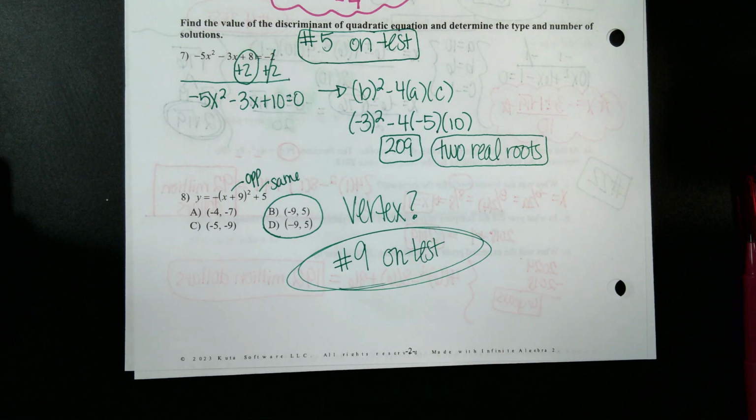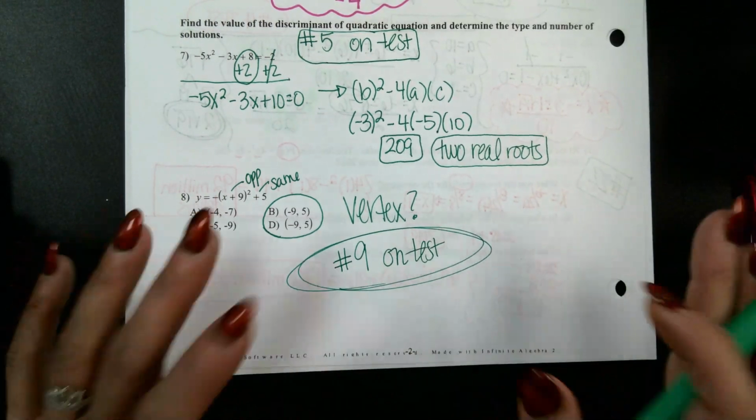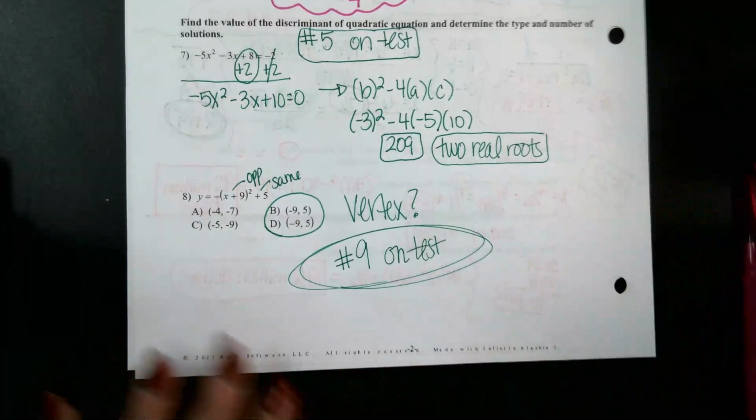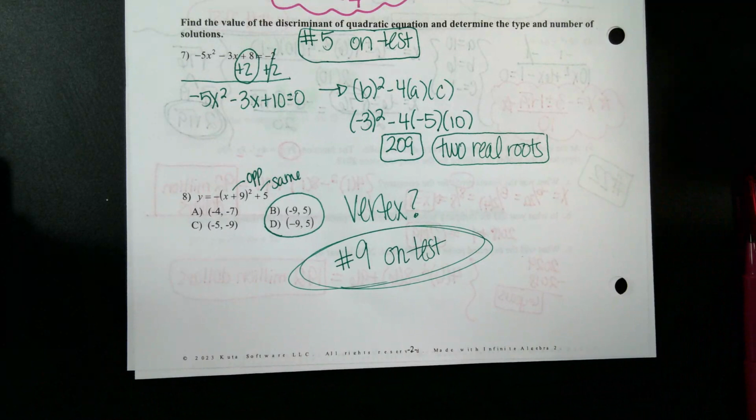I'm not crazy. It's not my fault. I didn't make this, I swear. That's what I get for not looking. I've been trying to do 2 days ahead at a time so that I don't feel overwhelmed. And I just overlooked that. It's not a big deal. But that's number 9 on your test.